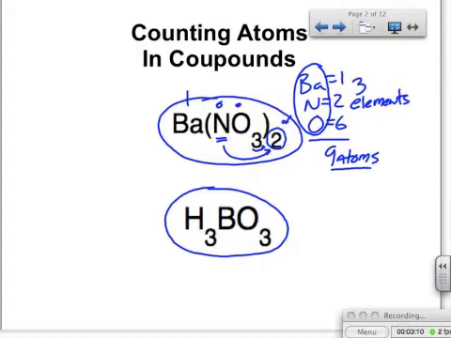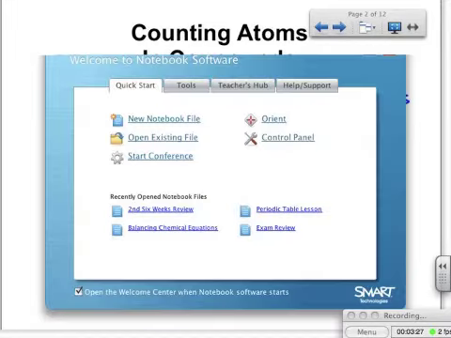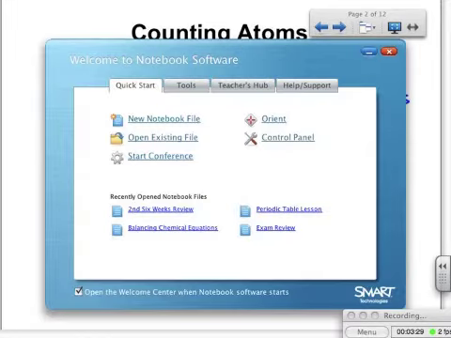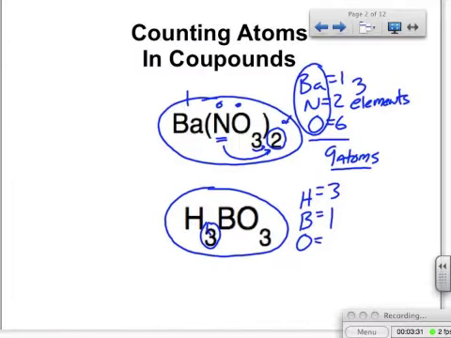Now let's do the same thing for this next compound. If you notice this next one, we have hydrogen, we have boron, and we have oxygen. Okay? The hydrogen is affected by this 3 right here. So this hydrogen, there are 3 atoms. Boron has no subscript, so there's only 1. And oxygen only has 3.